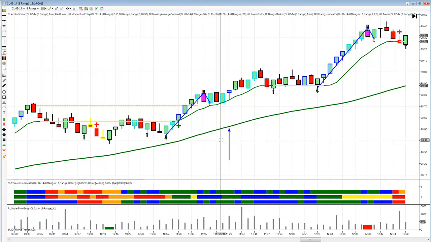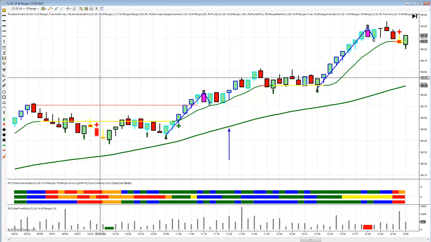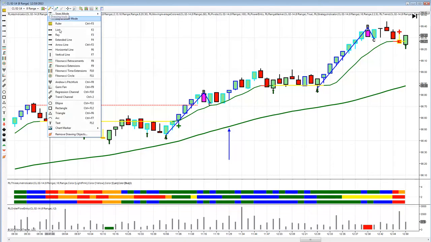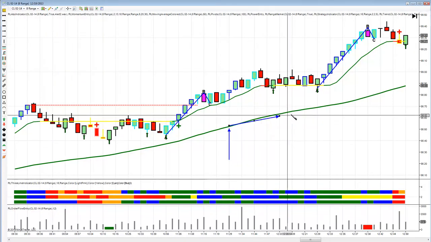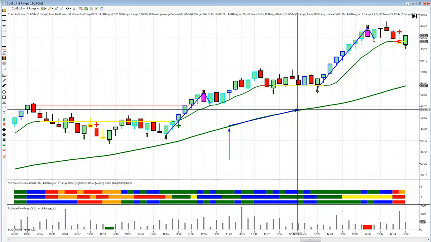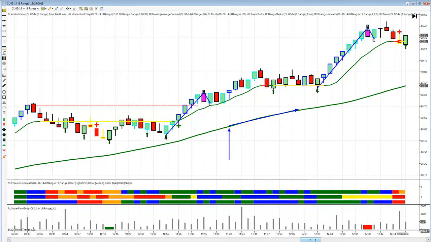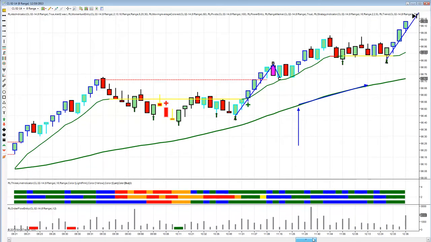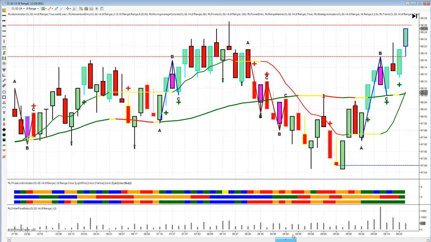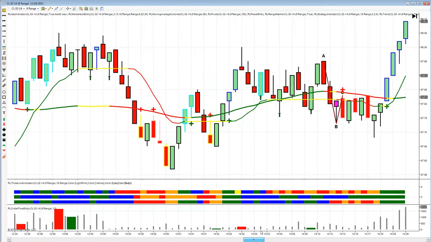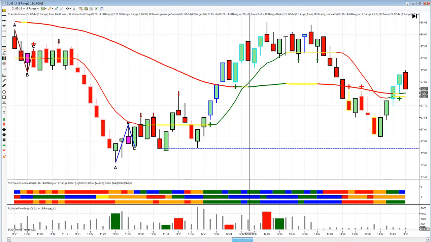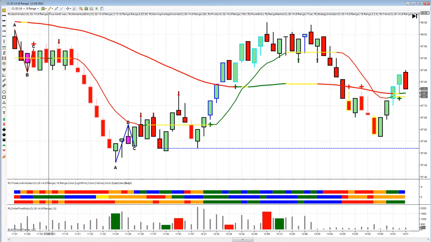Now, when we take a long trade in general, we want this average to be moving up when we take a trend trade. And obviously, when we take a short trend trade, we want that 50 to be moving down.